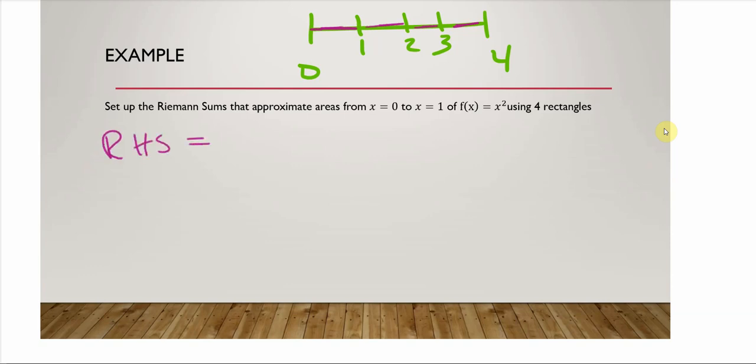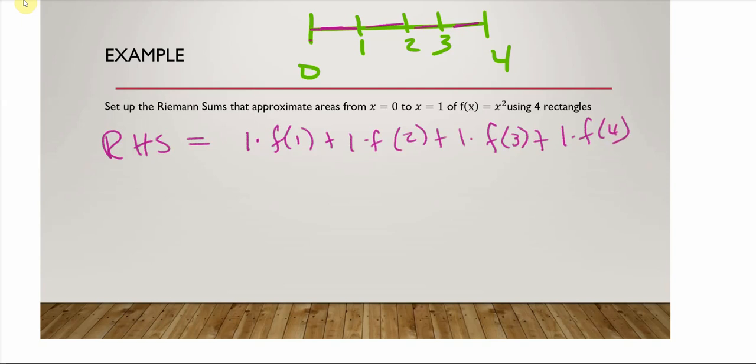The right-hand sums, that means that I'm going to pick the right side between 0 and 1. So I'm going to say 1 times f of 1 plus 1 times f of 2 plus 1 times f of 3 plus 1 times f of 4. That's it. That's the way you set it up.